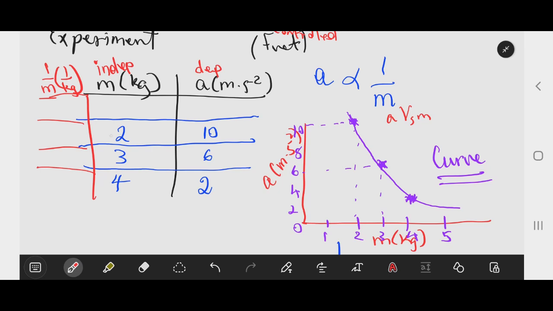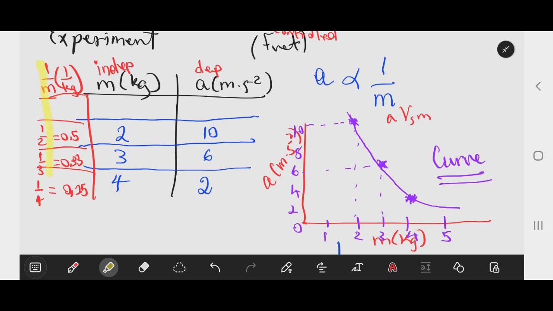So instead of 2, that would be 1 over 2, which is the same as 0.5, okay? And instead of 3, that would be 1 over 3, and that is 0.33, right? And then instead of 4, that would be 1 over 4, and that would be 0.25, okay?